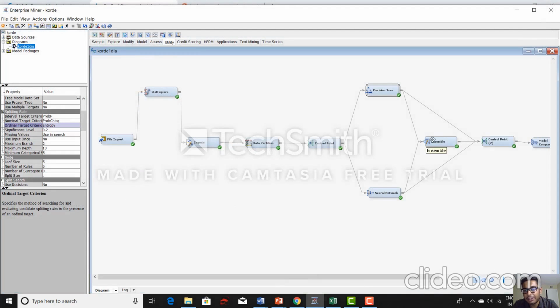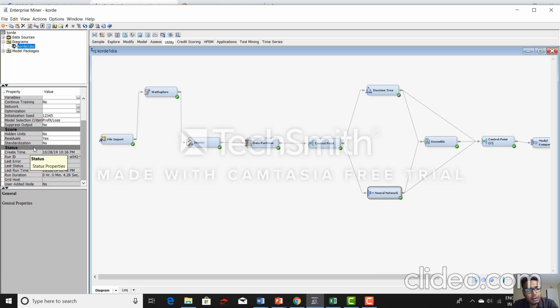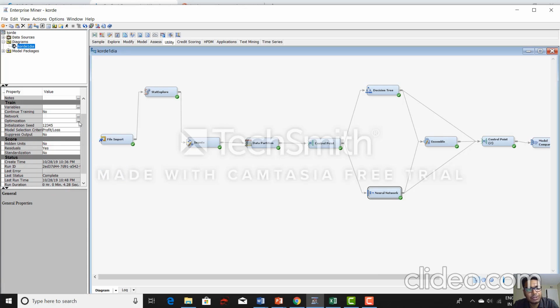Going back to our model, the third concept that I have used is neural network. A neural network is a highly complex algorithm. In the neural network, the optimization method that I've used is backpropagation.